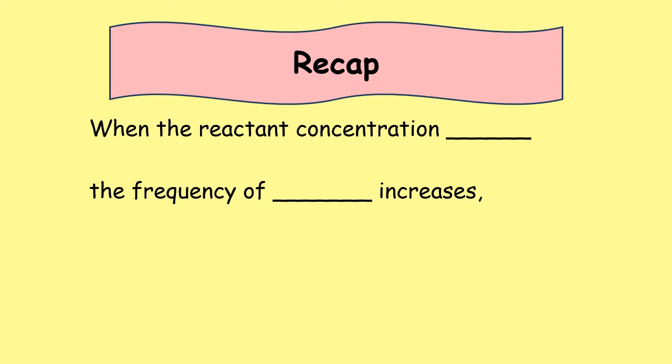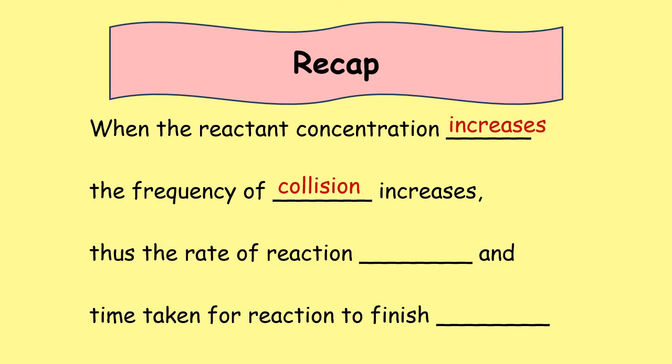So when the reactant concentration increases, the frequency of collisions increases. And then if we have increased the concentration and increased the frequency of collisions, the rate of reaction is going to do something, and the time taken for the reaction to finish is going to do something. What are the missing words?